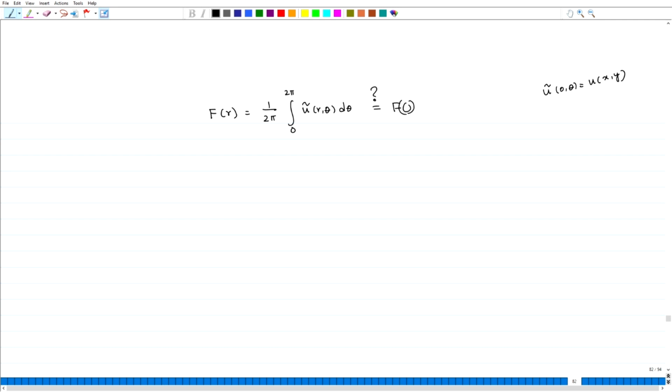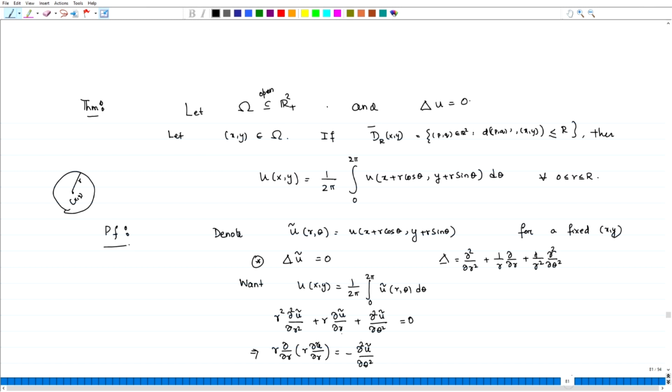For that, if I want to say that f of r is equal to f of 0, which means it is a constant, that is what we would like to conclude. Then definitely if we can show that del f by del r is 0, then we are done. So, in order to show this, as you can see, this is true.